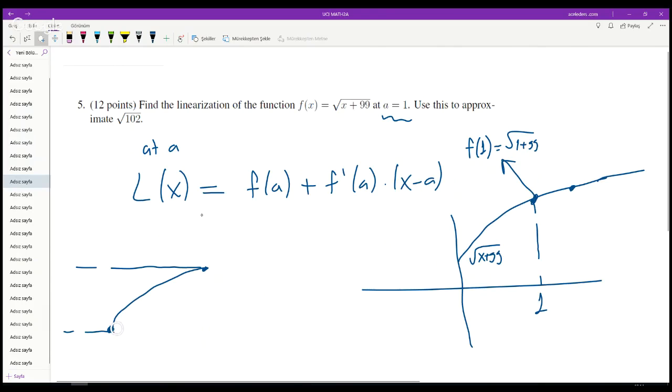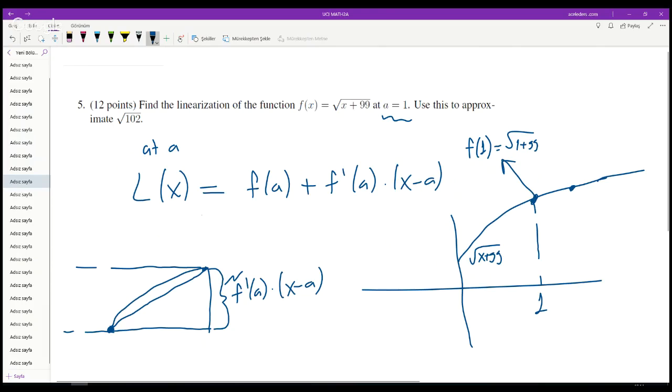So I do linearization. I draw a direct line between these points, and this distance is f prime(a) times (x minus a). So I approximate this distance as f prime(a) times (x minus a).